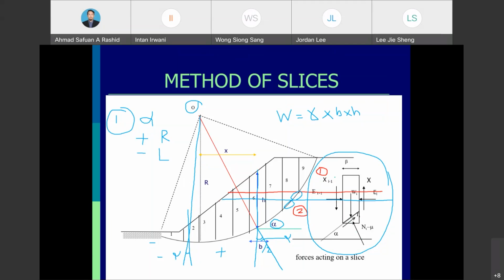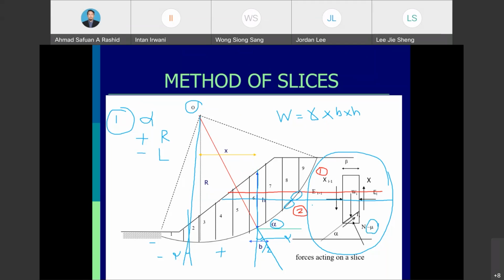Based on the side forces, there are several assumptions made by several researchers. For example, for the original method of slices, the author assumed that X and E are equal to 0, and also that there is no pore water pressure.